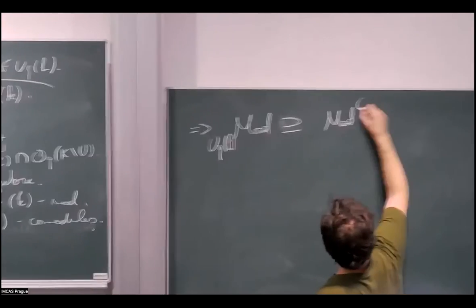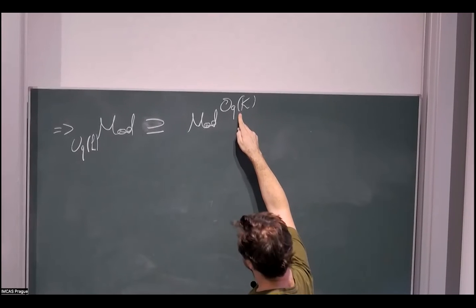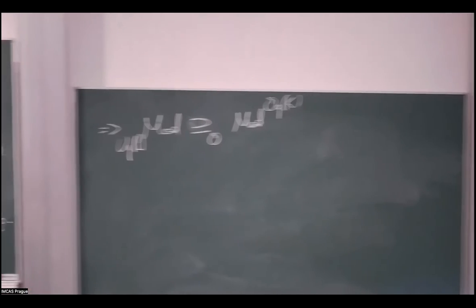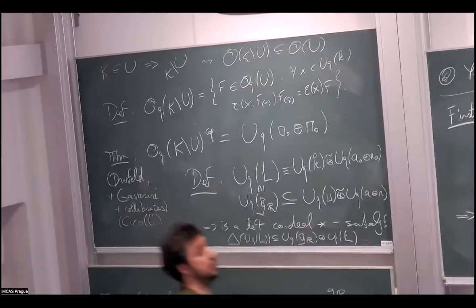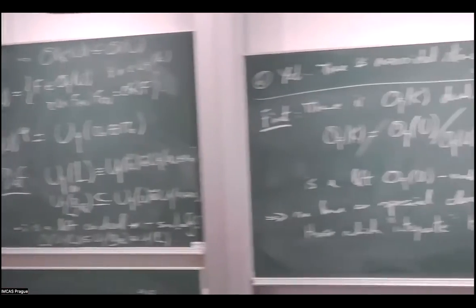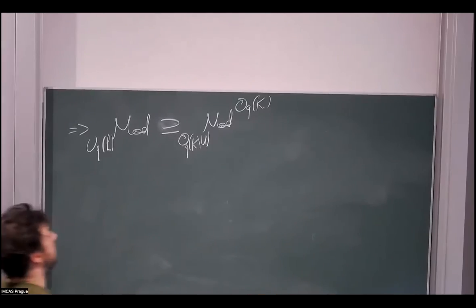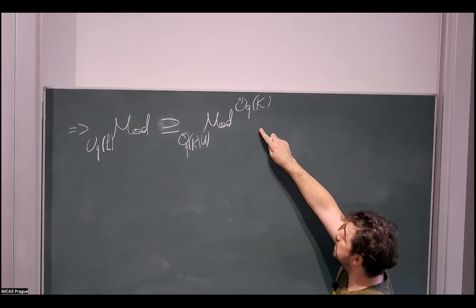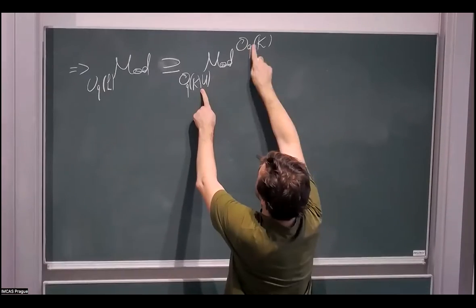So it means I can look at things which have an OQK co-module structure, which have a left UQA0 plus N0 module structure, this guy on the left. And the point is that there's some magic which allows to make this guy. There's some compatibility, of course, between these two structures.